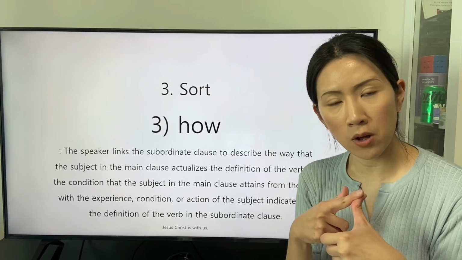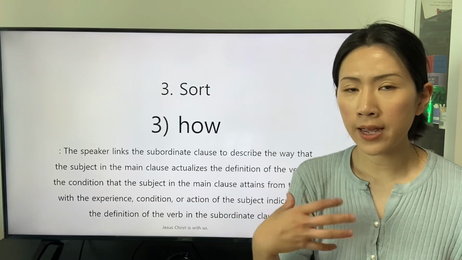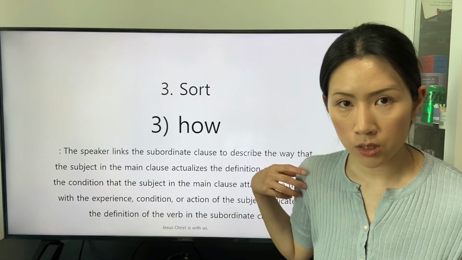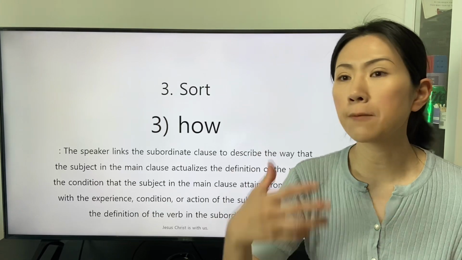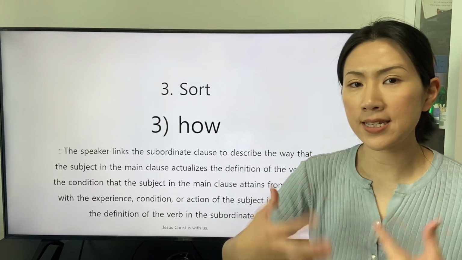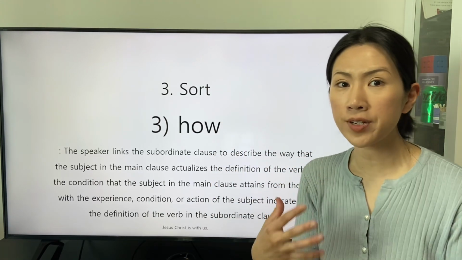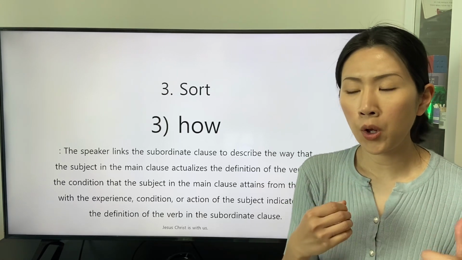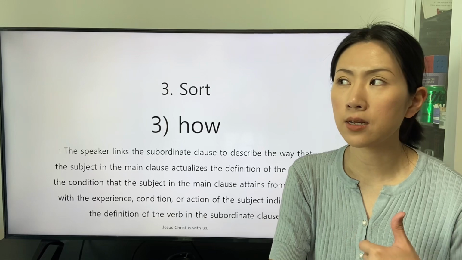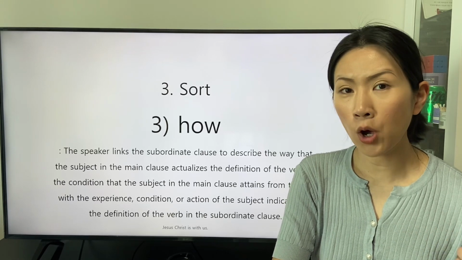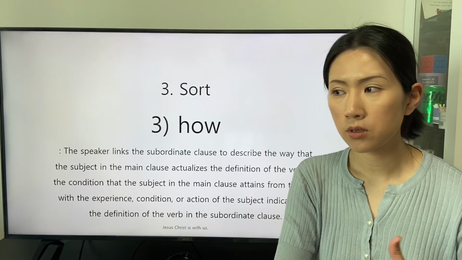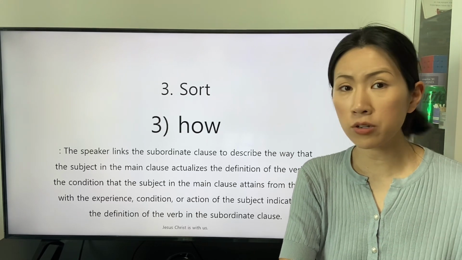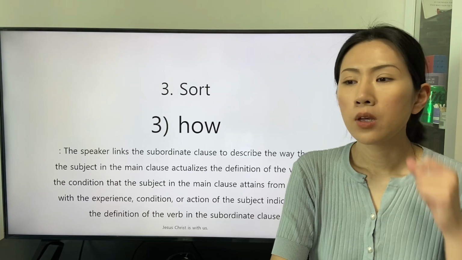The first response is about the way that you are assigned to take to actualize the action indicated by the intransitive verb go. So the response would be like, I go to school on foot. I go to school by subway, or I go to school by bus.